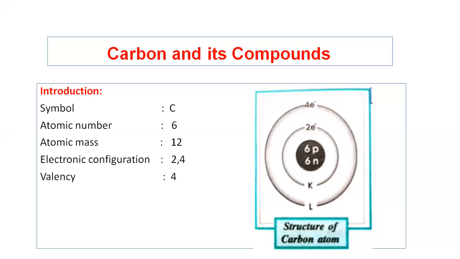Thus, carbon forms compounds by sharing its valence electrons with other carbon atoms or with atoms of other elements. Symbol of carbon is C, atomic number is 6, electronic configuration is 2, 4, valency is 4.